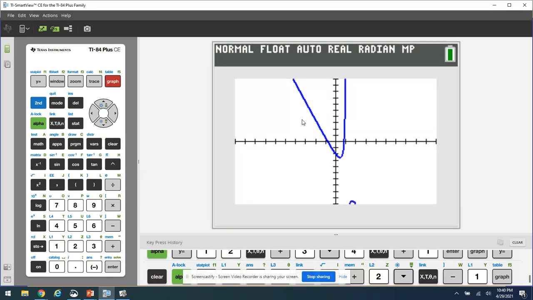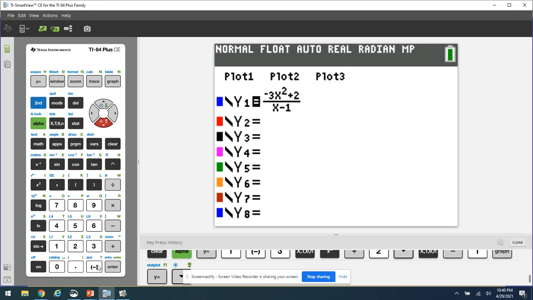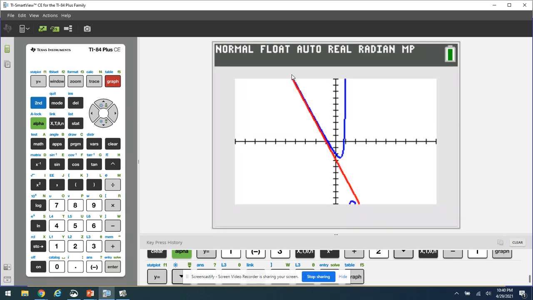If you notice, it looks like it's coming down in this general direction and it's going to cross at this part. So if I pair it up with that equation, -3x minus 3, let's see where that slant, or oblique, asymptote is. And if you notice, that line runs nicely across it here, and the graph is approaching this red line, so that's where our asymptote is going to be.